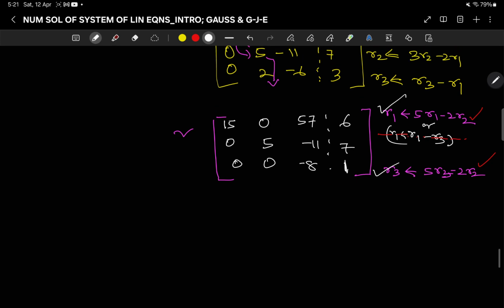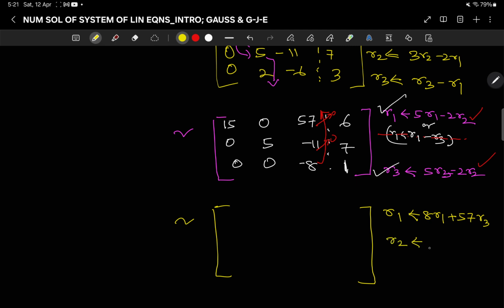Now coming to the last step, we have to use this to bring this position to 0. You need to bring this 0 and this 0, for which your operation is R1 replaced by 8 times R1, and since it is in opposite sign, plus 57 times R3, and R2 is replaced by 8 times R2 plus 11 times R3, and your last row remains the same, 0 0 minus 8, and it is 1.